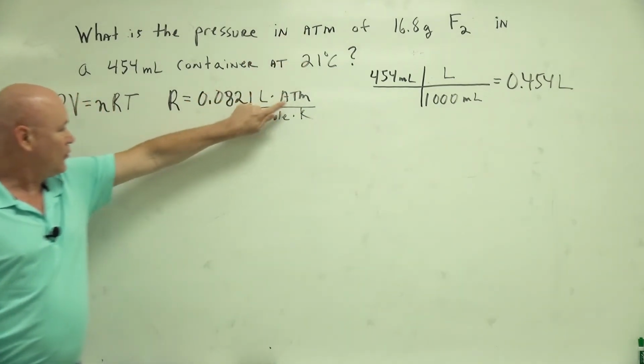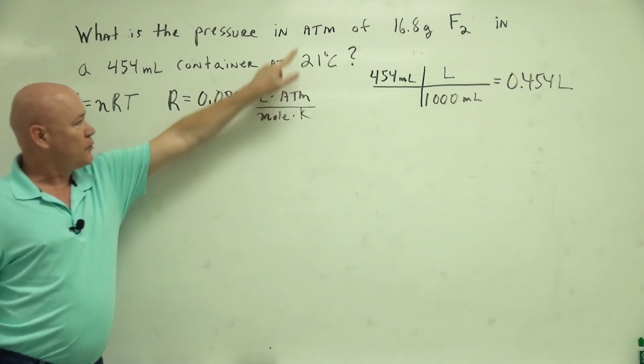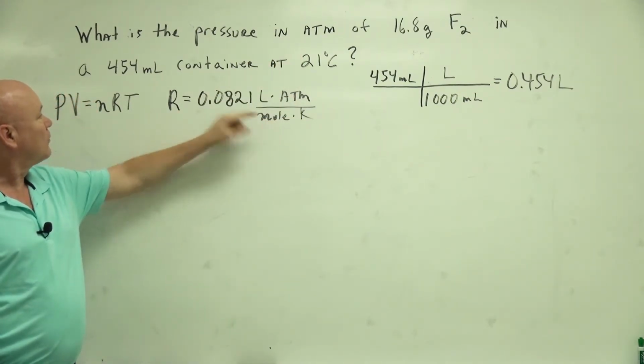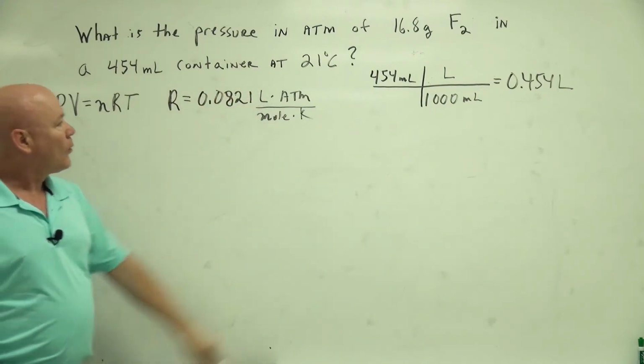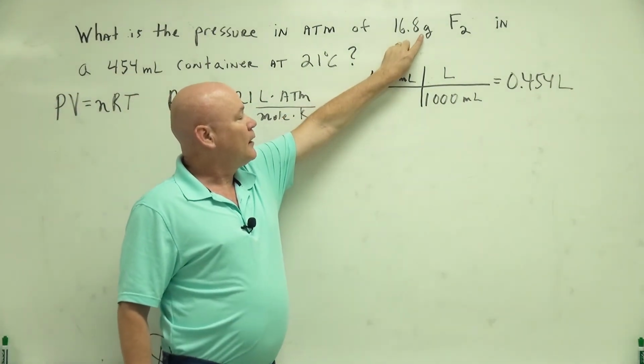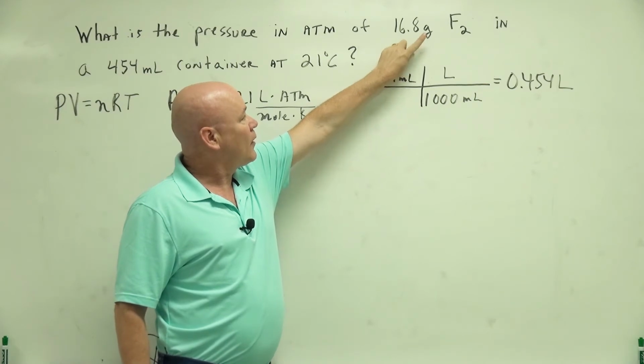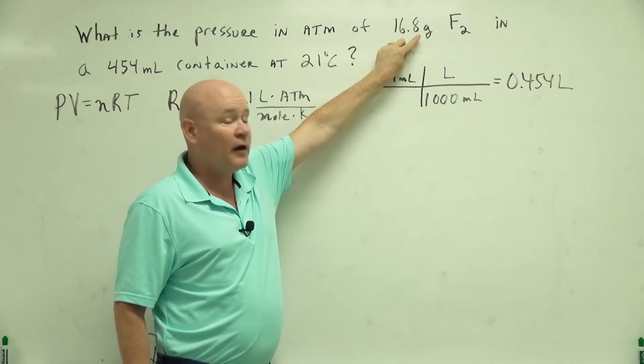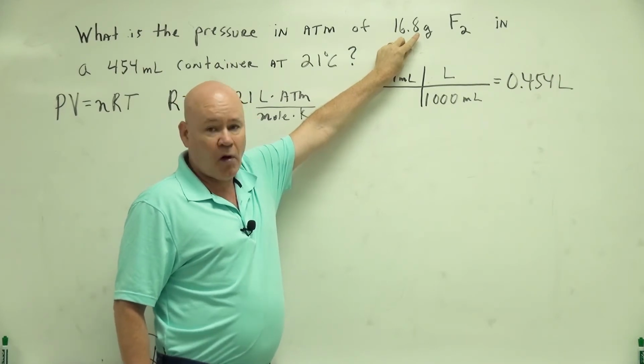I have my volume, and I check and see that we have atmospheres. If you choose your R right, the pressure unit should always match up. And I see right here I have moles. I don't see moles anywhere up here, but I do see grams. Anytime I see grams, whatever's in grams is going to have to be in moles at some point in any problem we do.